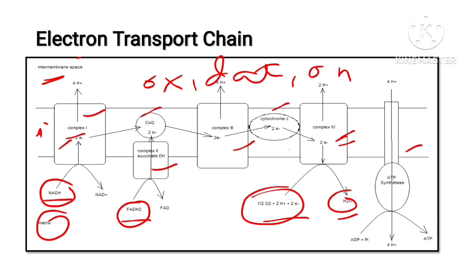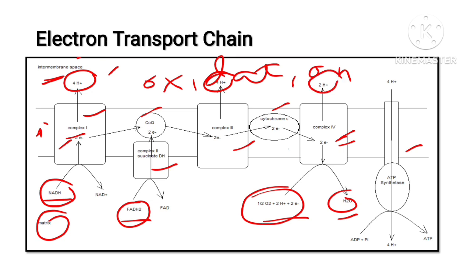And simultaneously, when the electrons are being transported, complex 1 exports 4 protons, pumping them out of the matrix into the intermembrane space. Similarly, complex 3 pumps out 4 protons and complex 4 pumps out 2 protons.